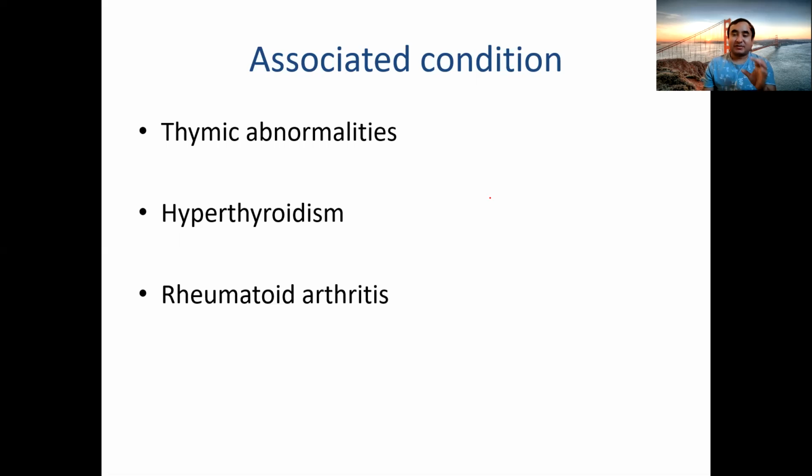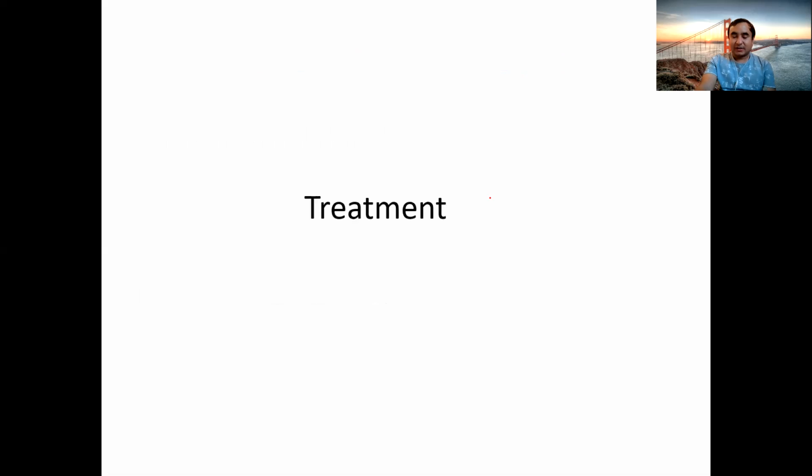Most of the time, myasthenia gravis is associated with thyroid disorders like hypothyroidism as well as hyperthyroidism. They are also associated with other rheumatological conditions like rheumatoid arthritis, and hematological conditions like pure red cell aplasia. We should always be aware of these conditions, and always work up to rule them in or out.